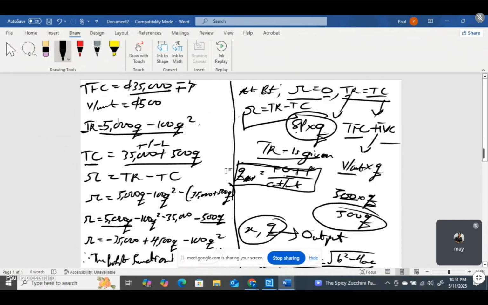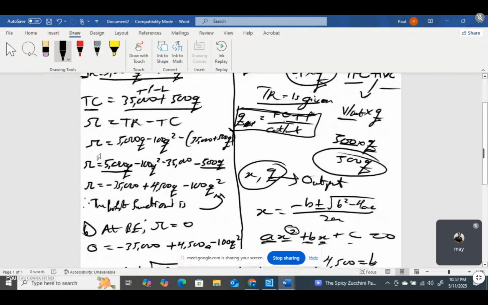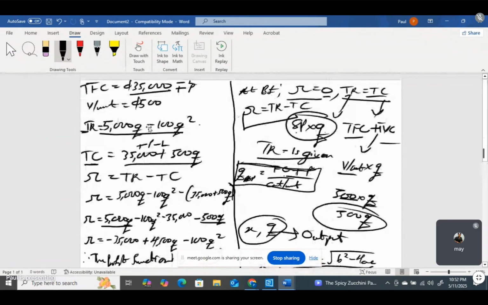I'll teach you so that it will make the last question much easier. Now, break even is total revenue being equal to total cost. When you get your total revenue and your total cost function, which I know you now know how to get: they give you a total fixed cost of 35,000 and the unit variable cost.